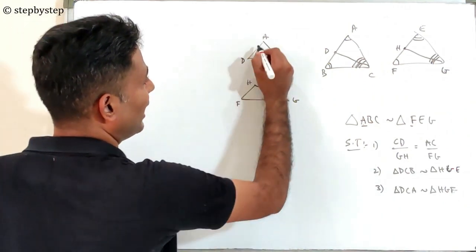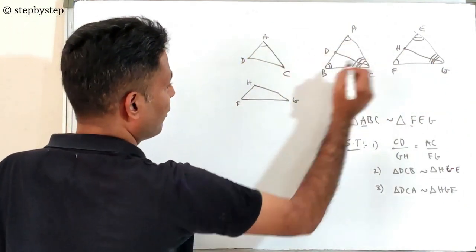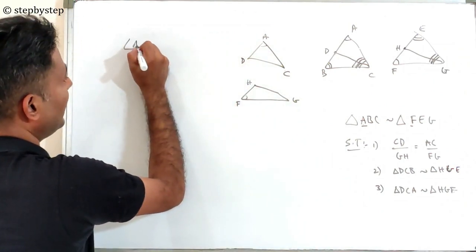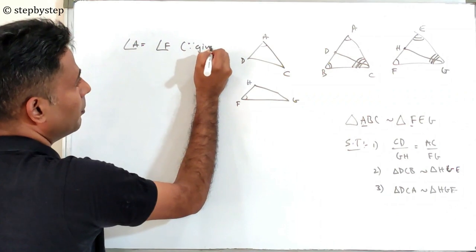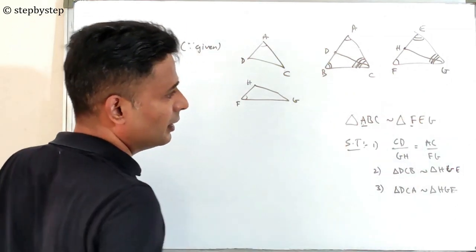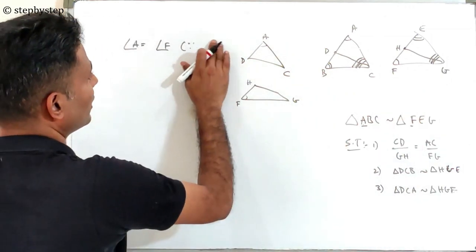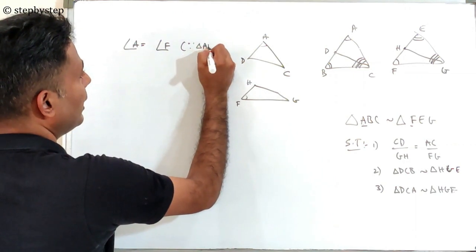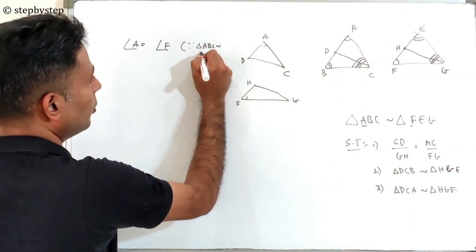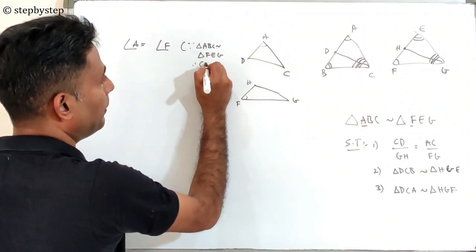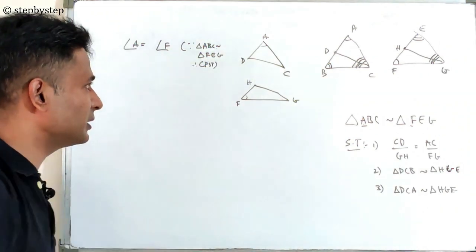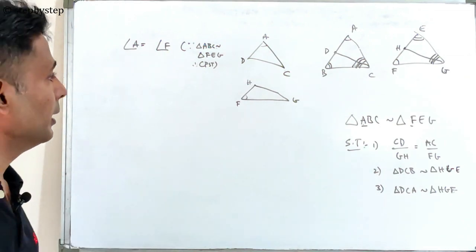Now already we have angle A equal to angle F. Why? Given, because triangle ABC is similar to triangle FEG, therefore CPST, corresponding parts of similar triangles.